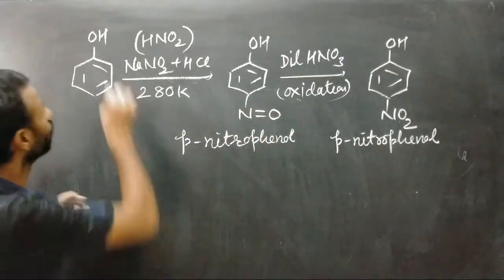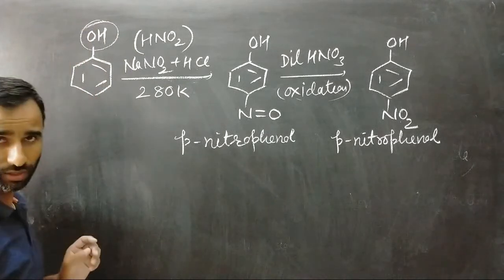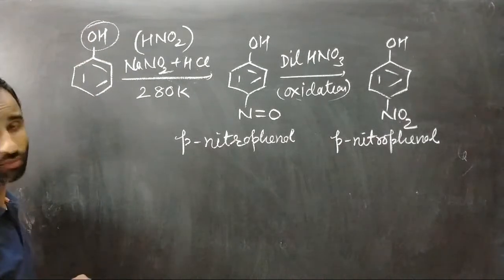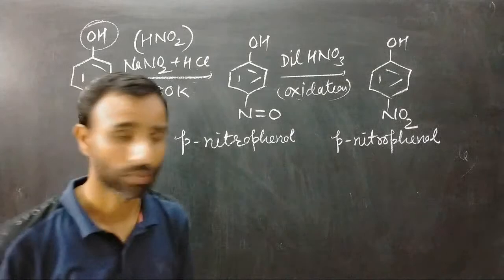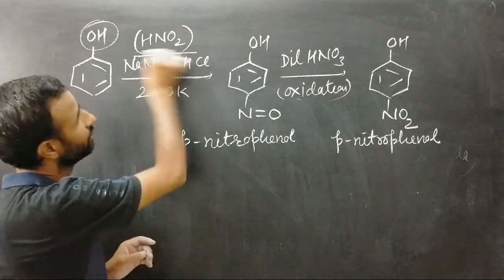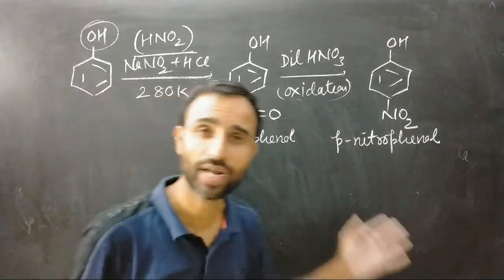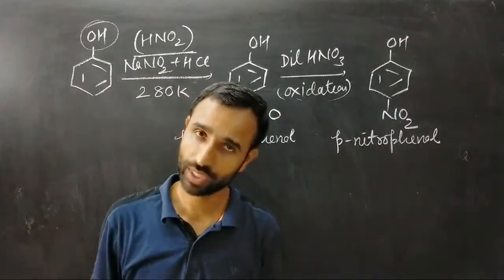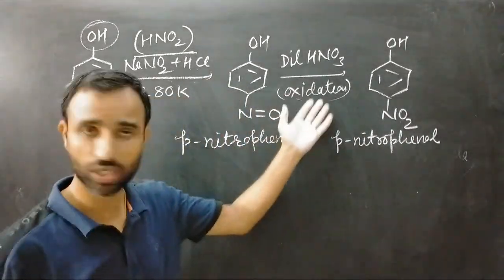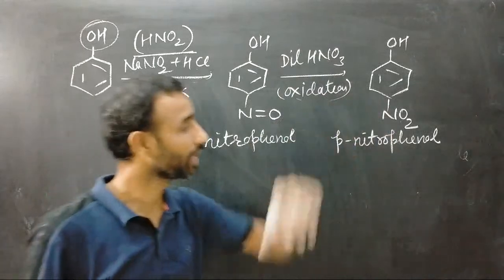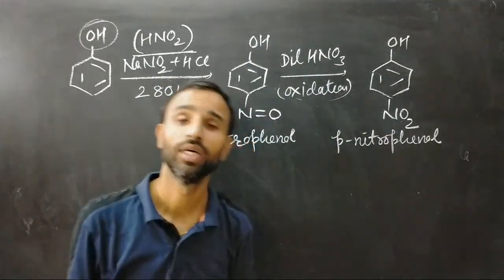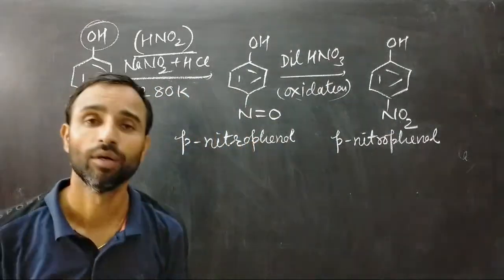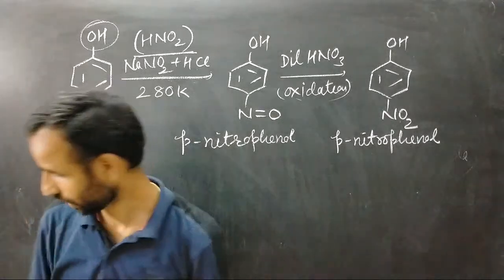Since the OH group is ortho-para directing, otherwise we would get two products. But when we use nitrous acid, we get para-nitrosophenol as the sole product, and on oxidation with dilute HNO3, we get para-nitrophenol as the only product. Okay?